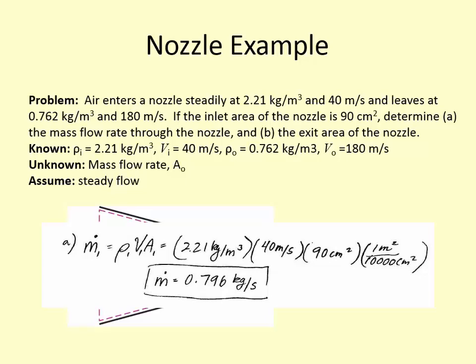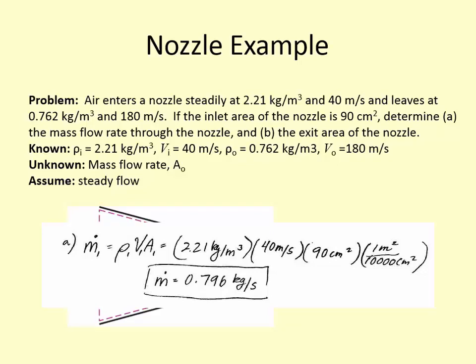So 2.21 kilograms per meter cubed multiplied by 40 meters per second multiplied by 90 centimeters squared, and then we have to convert: 1 meter squared is equal to 10,000 centimeters squared.